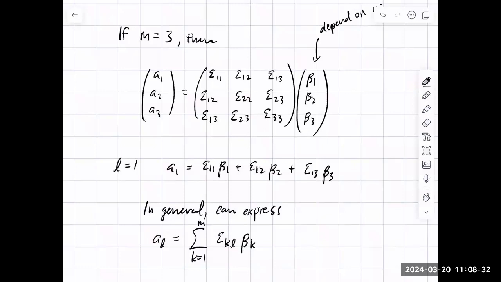If we actually do the sum for m equals 3, we would get 1 times 1 plus 2 times 2 plus 3 times 3. So that all works. And then if we put, say, L equals 1, we'd get 1 for all of our epsilon coefficients. So there's a 1 here, a 1 here, a 1 here. So that certainly works for this example, and it would work for all the others as well.